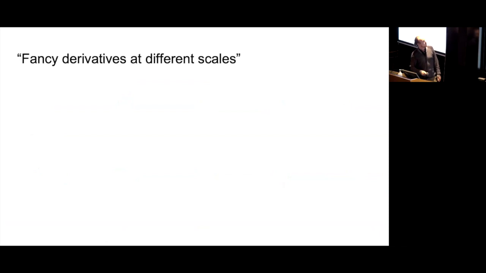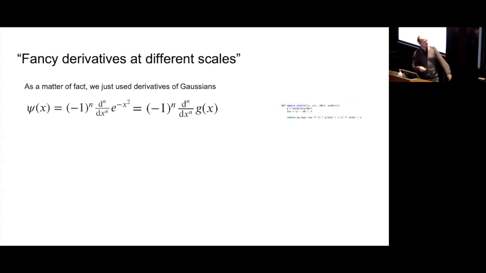Okay, so I'd like you to think about wavelets as sort of fancy derivatives at different scales. As a matter of fact, what I just showed you in terms of wavelets were derivatives of Gaussians. I'm showing you those because they help elucidate the idea pretty well. So here you've got a wavelet that I define as an nth derivative of a Gaussian, which I'm going to call g of x.